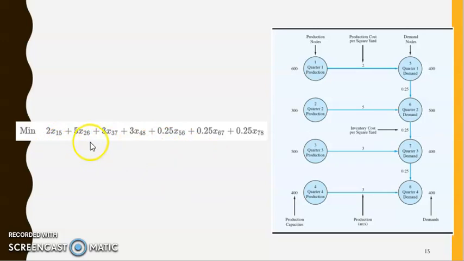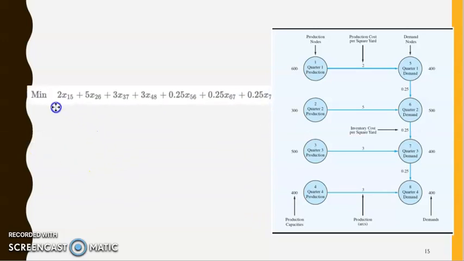And as you can see, 1, 2, 3, 4, 5, 6, 7. Okay, let's check it together. Of course, since we want to minimize the production and inventory cost, on one hand, we have the production cost that we want to minimize here.